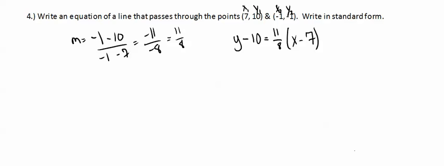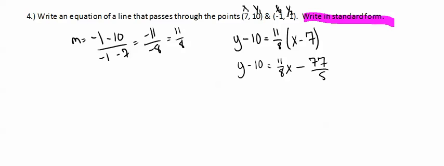From here, it asks us to write it in standard form. So we need x and y on the same side and together. So we'll distribute the 11/8. When we distribute, we're going to get 77 over 8.